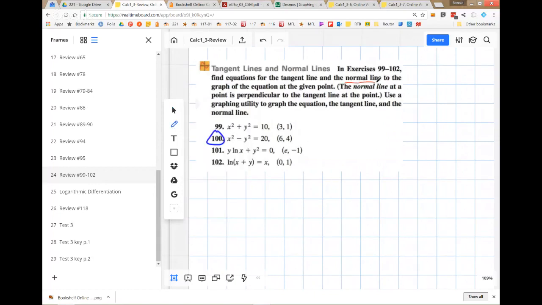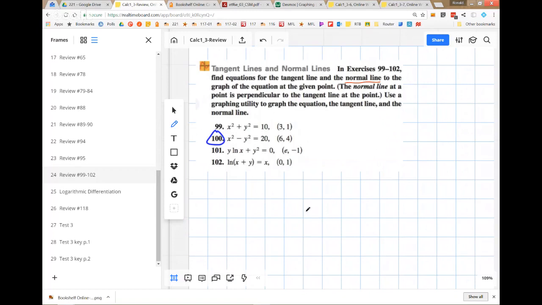And the normal line, as it points out in parentheses here, is perpendicular to the tangent line right at the point of tangency. And then when we get all done and we find the equation of the tangent line at the point (6, 4) and the normal line, let's plot them to show really how they look.